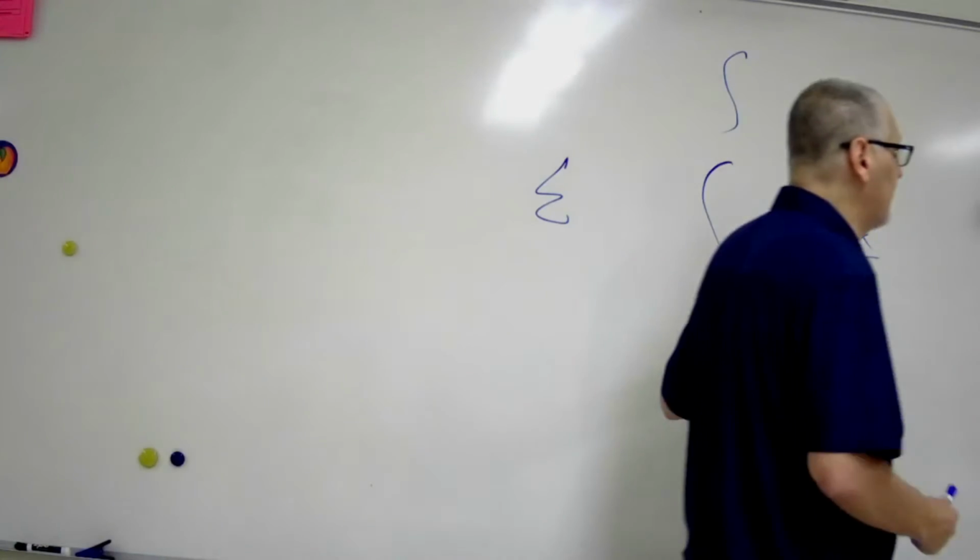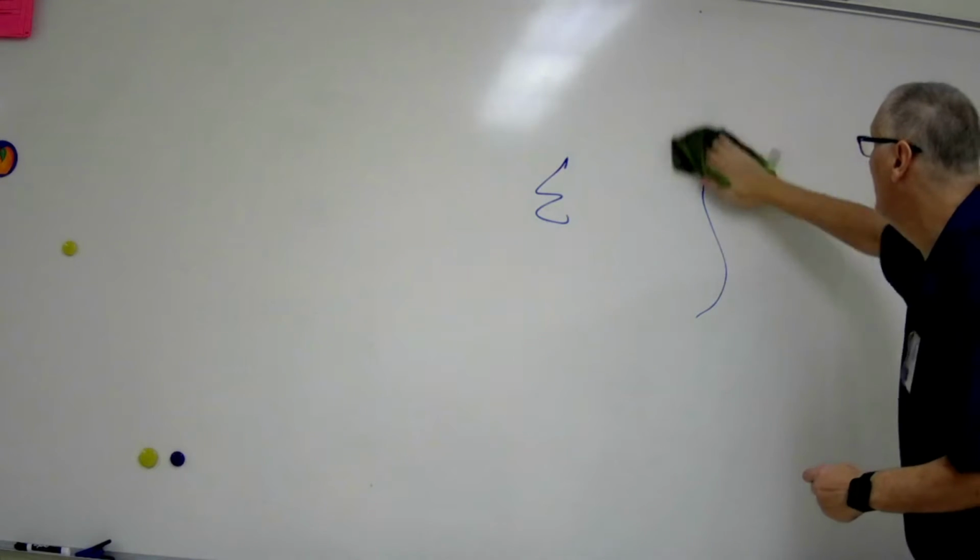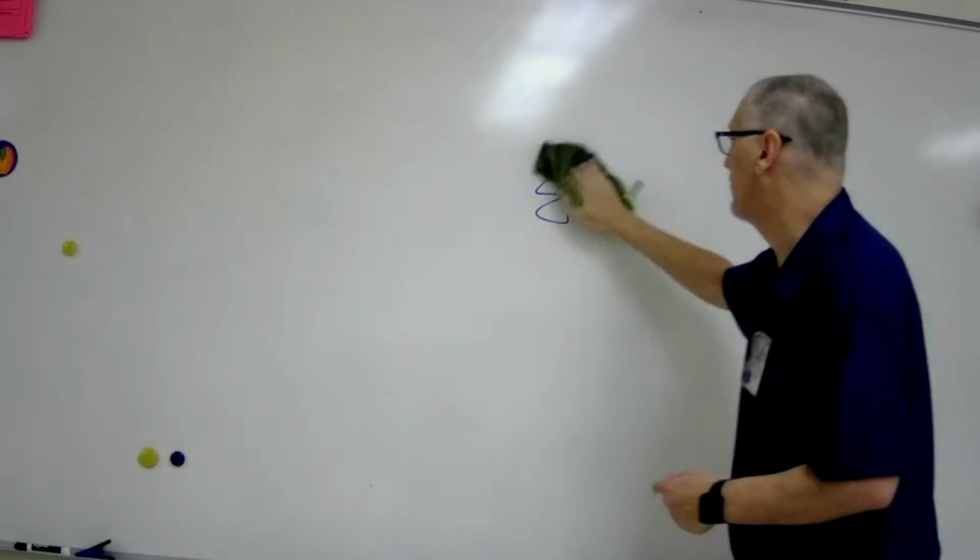But really, all this is a derivative backwards. We're going to call this anti-differentiation. Yes? Anti-differentiation means it's going to be a generic answer where there's an infinite amount of answers.